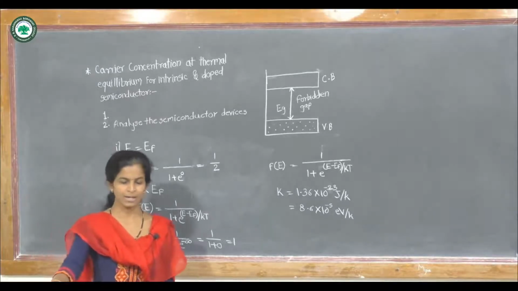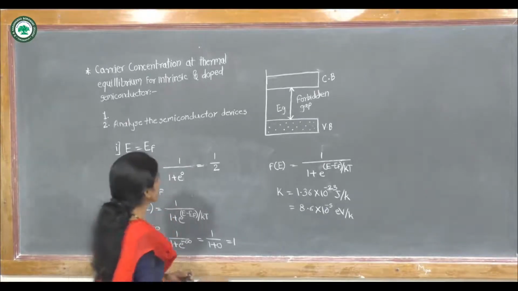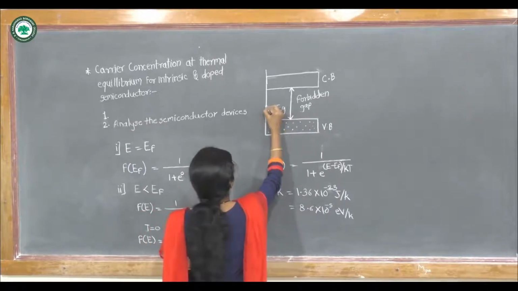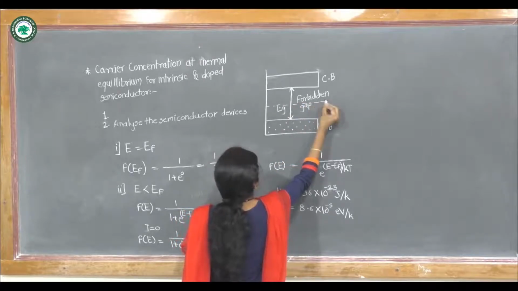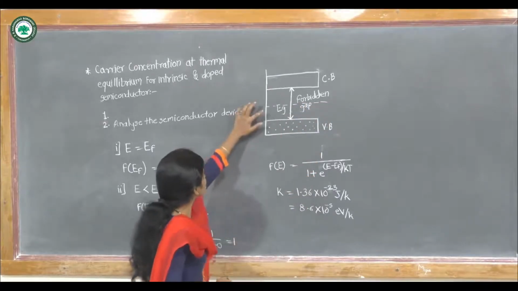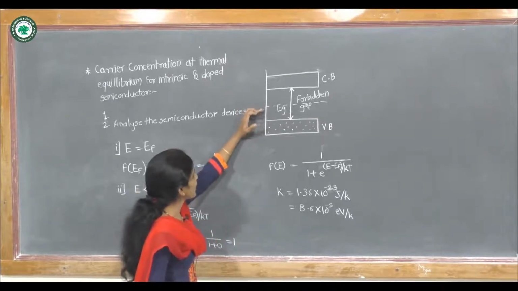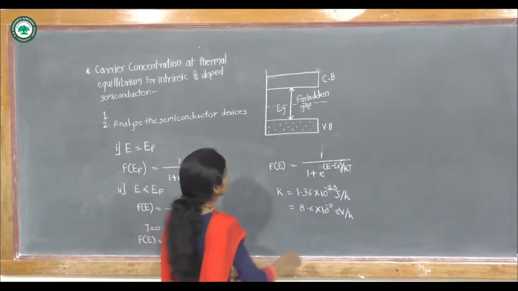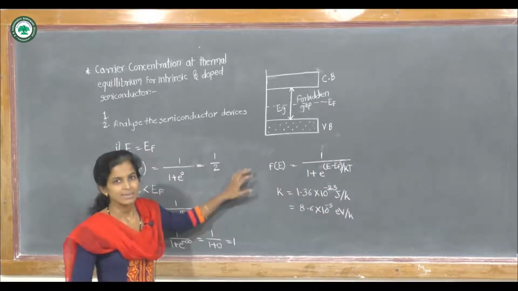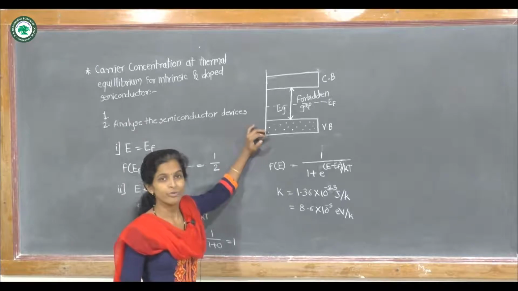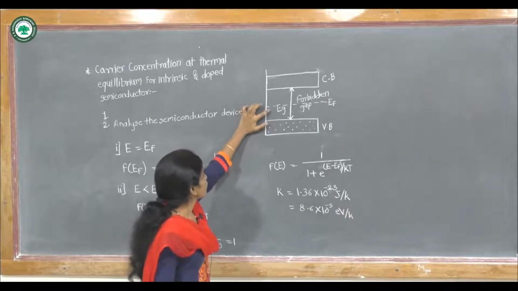That is, if the Fermi level is in the middle of this forbidden gap, then the probability of finding the electron below this Fermi level is 1. That is, the probability of finding the electron is more than that at E equal to EF.